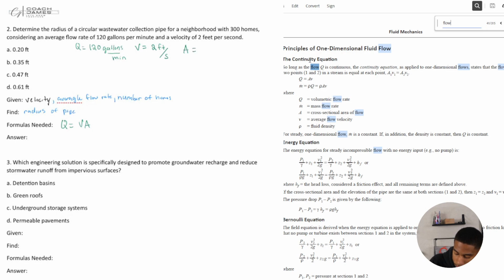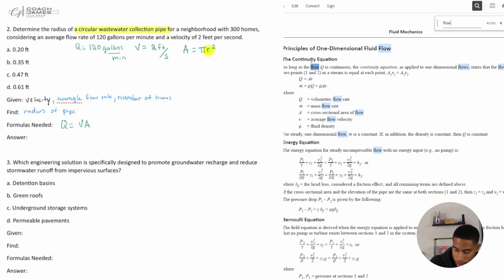And then my A is going to be the cross-sectional area. So I know that it's a circular pipe. What's the cross-sectional area of a circle? Pi r squared. Do we know r? No, we do not. So we're solving for it.